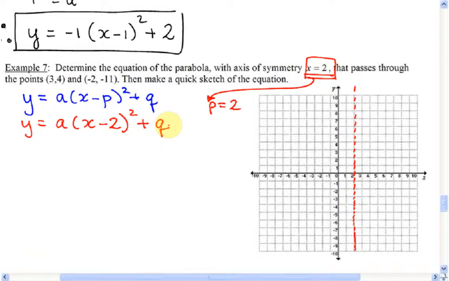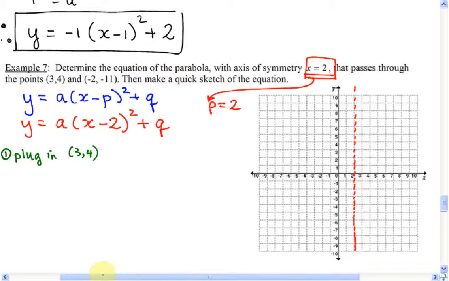Now what? It passes through the point (3, 4). So if it passes through the point, what can I do with that point? Plug it in. So let's plug in the point (3, 4) and see what happens.